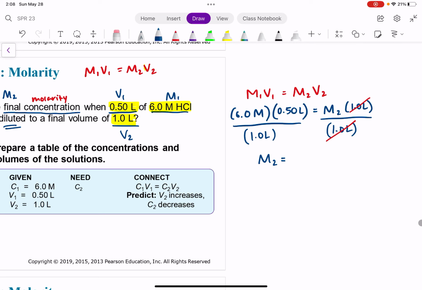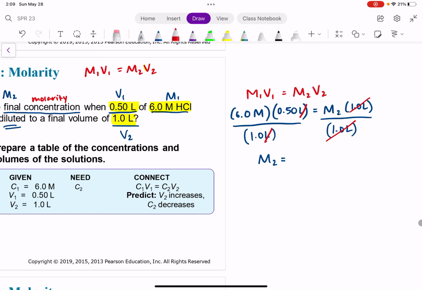Now let's look at these units. Looking at these units, I have liters on the top and liters on the bottom. What happens if I have the same unit on the top and the bottom? Yeah, it cancels out.